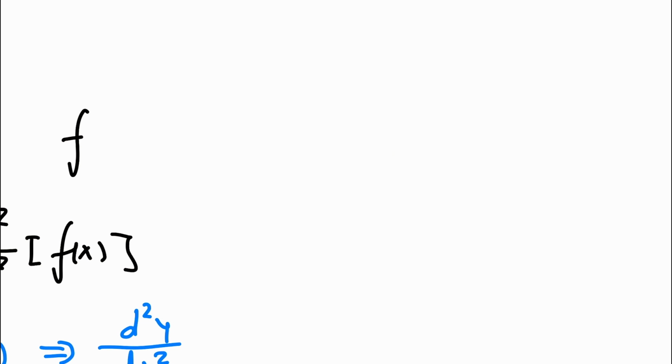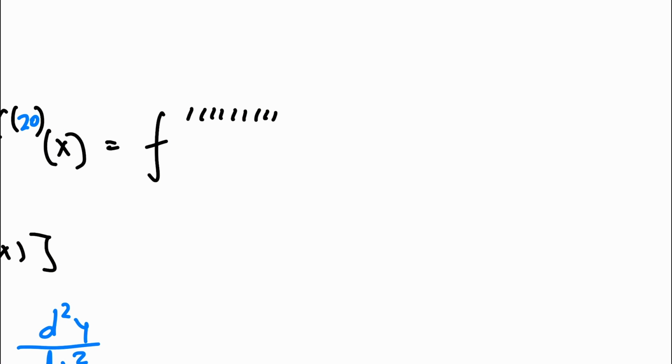Let's say that is f of x, and inside the parentheses we write the number of times it is differentiated. Let's say 20. And that is just equal to f with 20 primes of x; I'll just skip some of these primes.